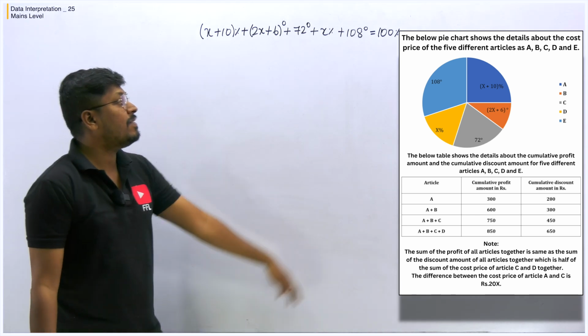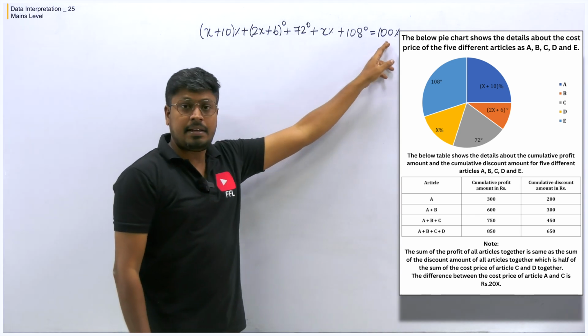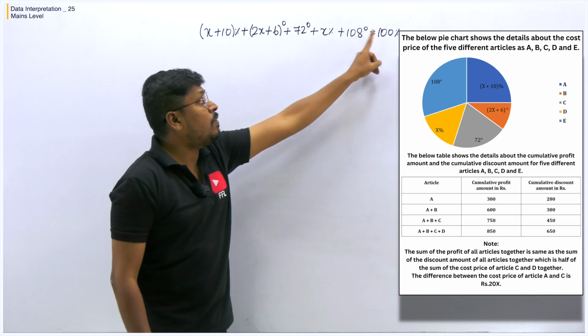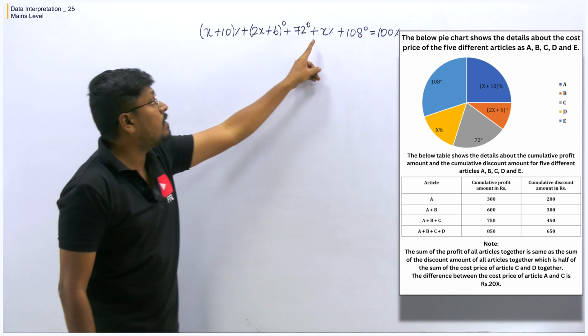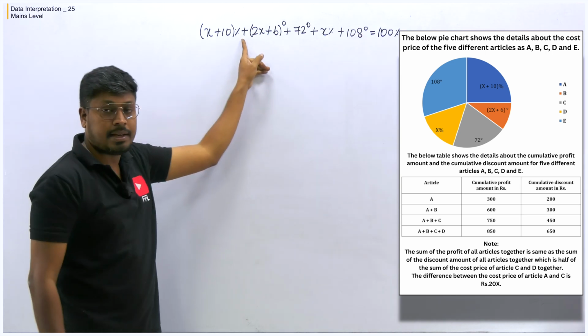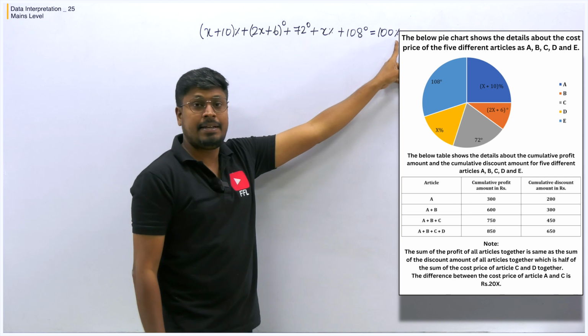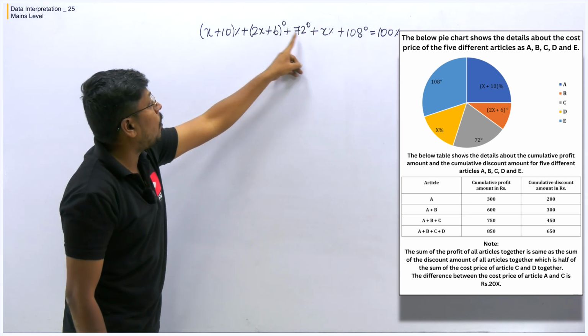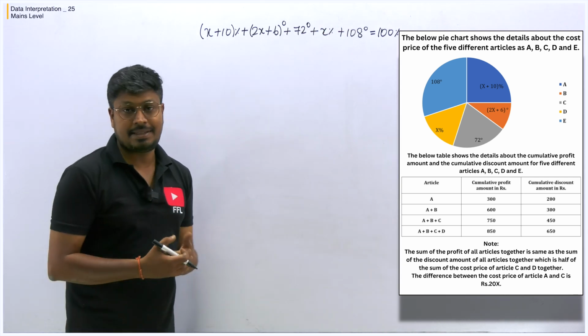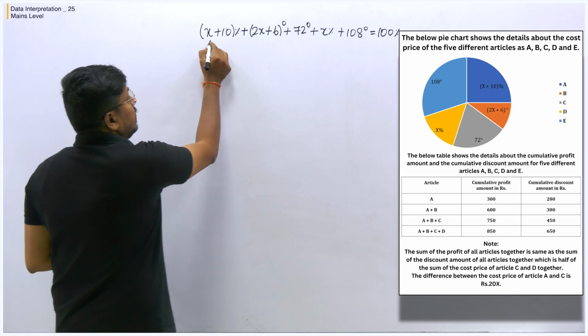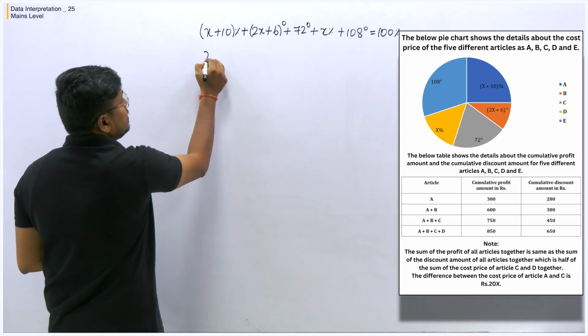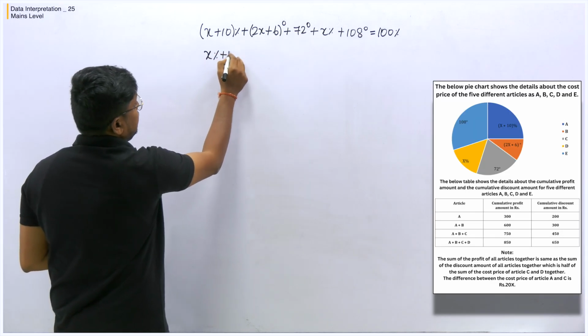Some students will ask me whether I can take it as 360 degrees. Yes, you can. If you are writing 360 degrees, then you have to convert all the percentage values into degrees. If you are writing 100% here, then you have to convert all the degree values in terms of percentages. So let me keep the percentage values as they are, x percentage plus 10%.